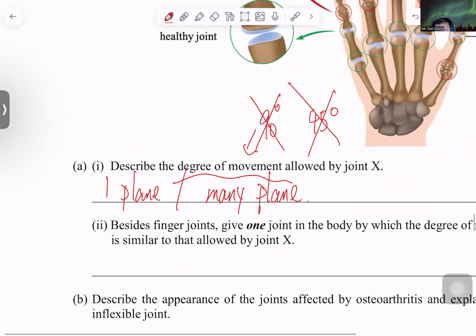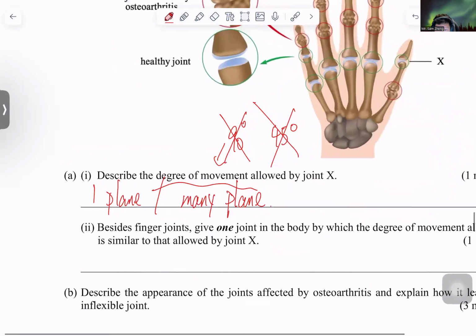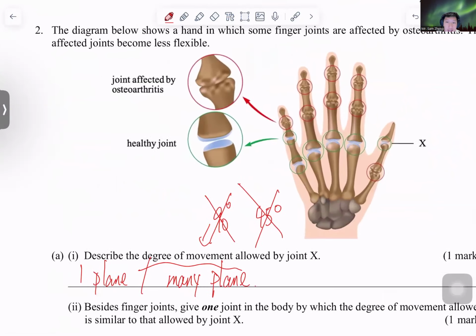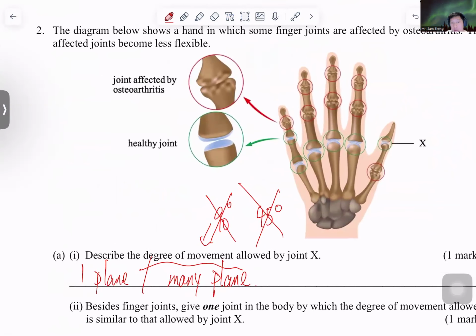Why? Because originally the cartilage helps us to reduce the friction, but now we do not have the cartilage. The cartilage is absent because by looking at the blue or the white part at the end of the bones, in fact, it is already gone.